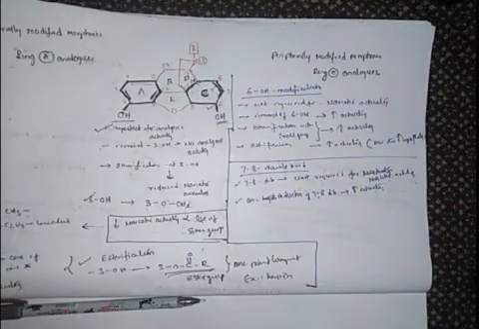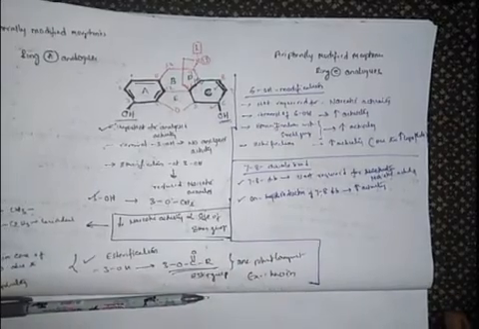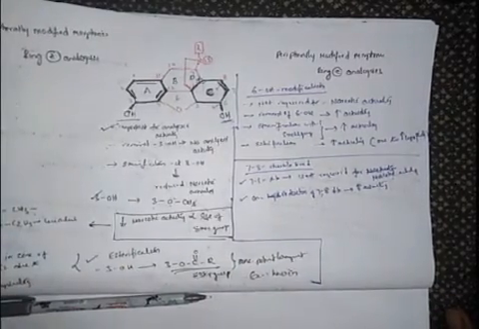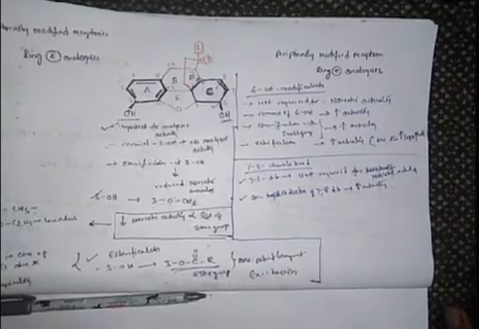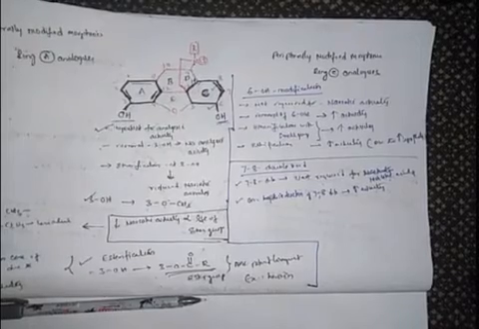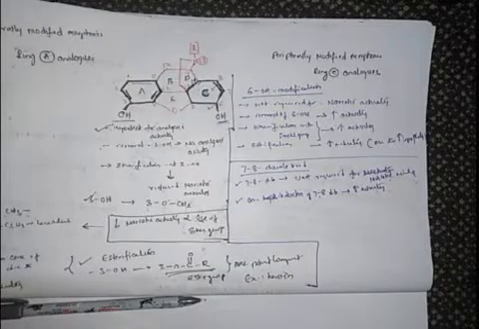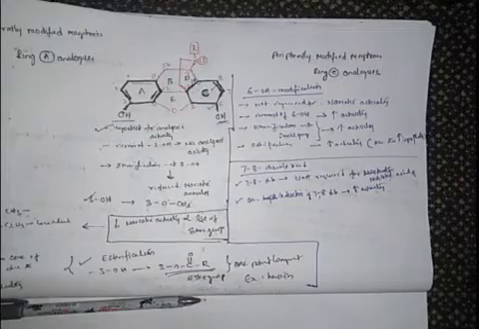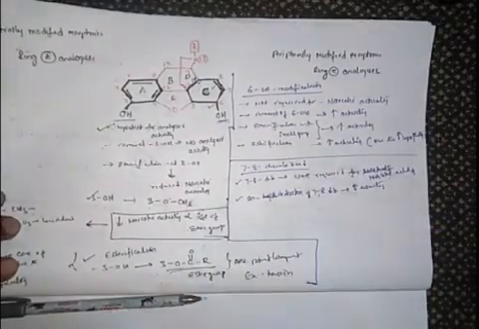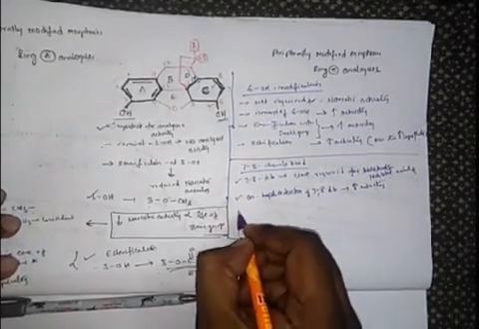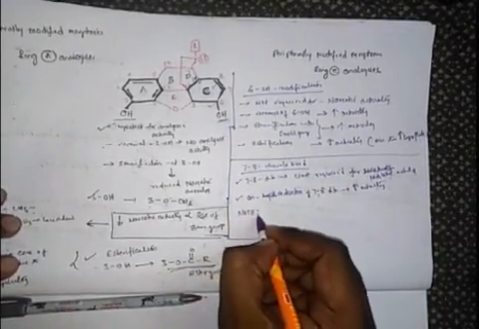Reduction means nothing but removal of the double bond, and there is a possibility of further increase in activity. This is about the possible modifications at the 7,8 double bond. There is an important note here.